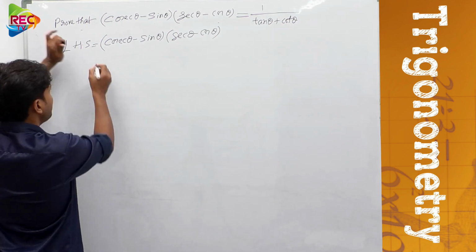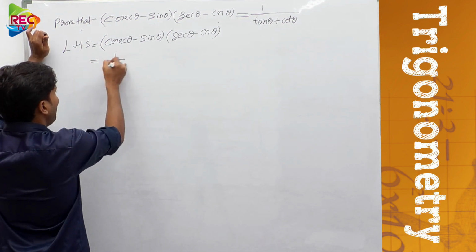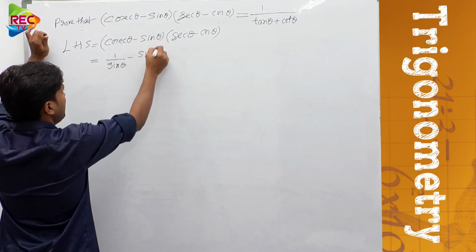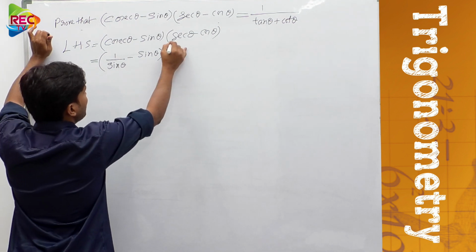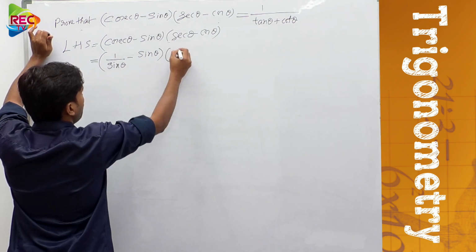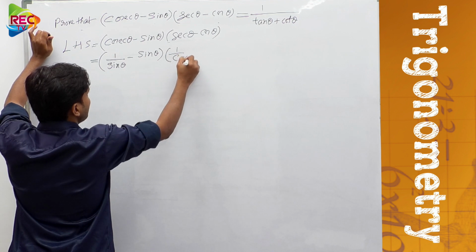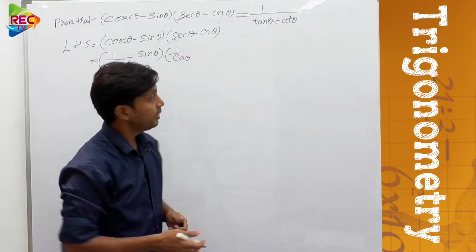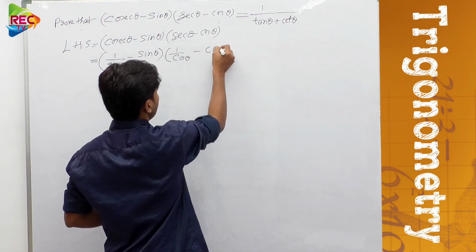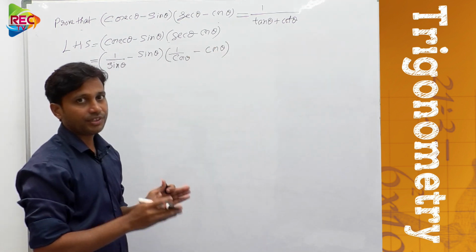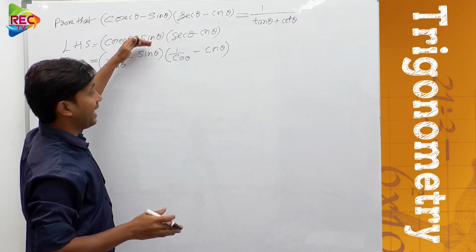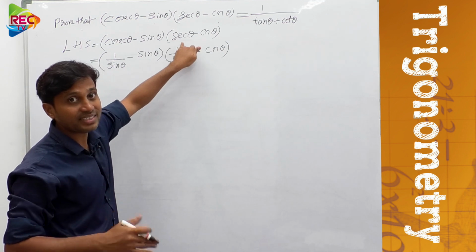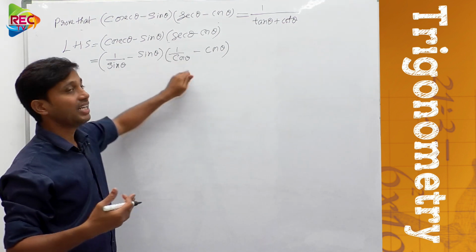We can replace cosecant theta with 1 by sin theta minus sin theta, and similarly replace secant theta with 1 by cos theta, as cos and secant theta are reciprocals of each other, minus cos theta. We haven't done anything, we just took the LHS part as it is and converted cosecant theta and secant theta in terms of sin theta and cos theta.